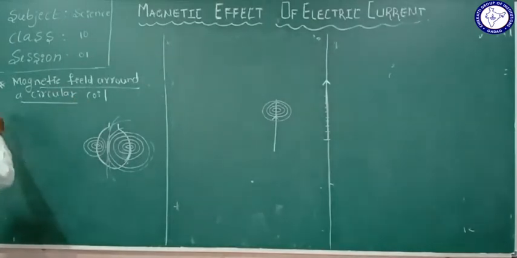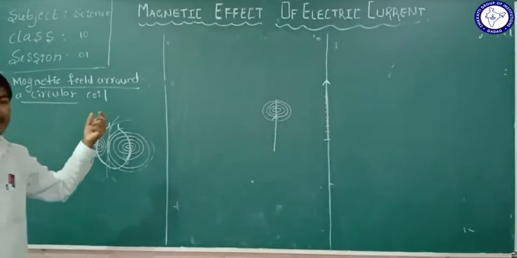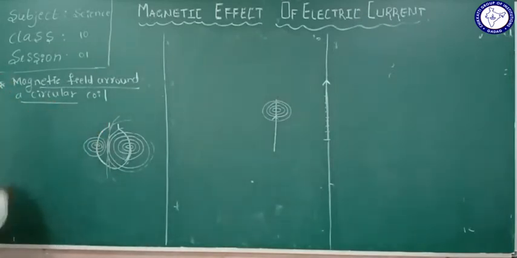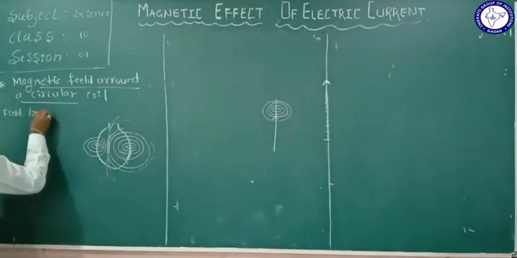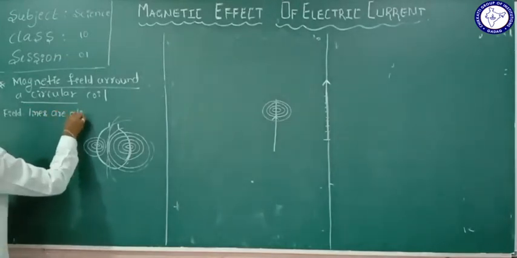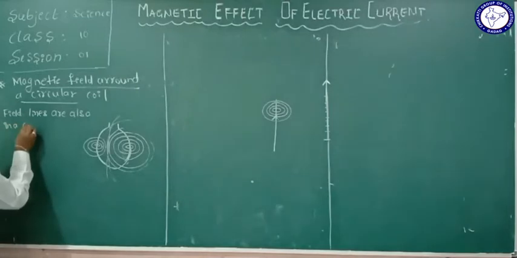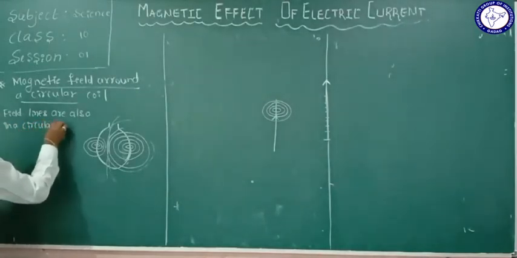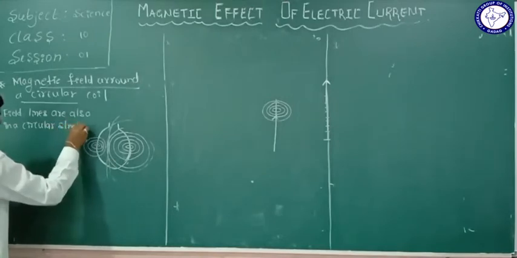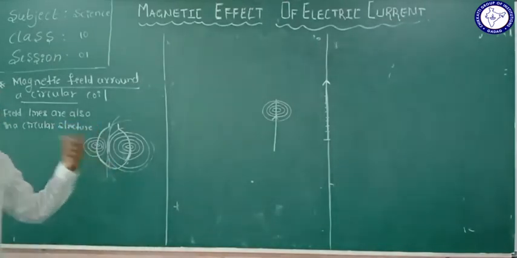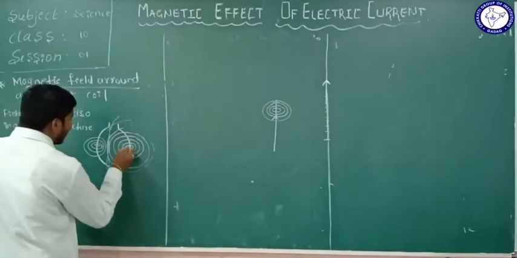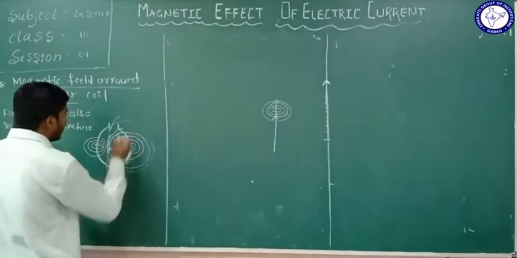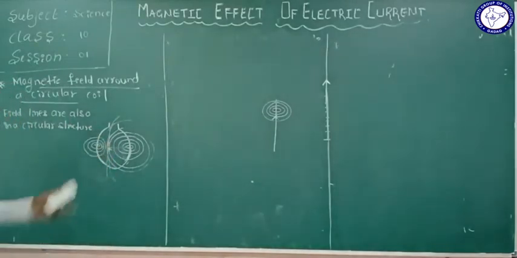In a current carrying conductor in a circular coil, the field lines are also in a circular structure. So in this case the magnetic field lines are in the form of circles, but as we move away from the conductor, these magnetic field lines look like straight lines.